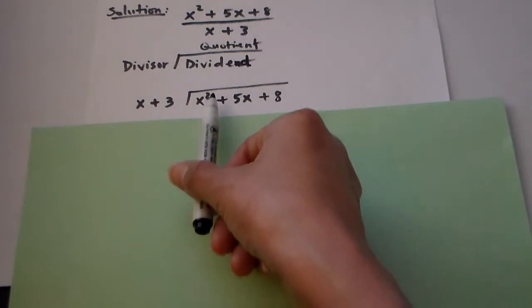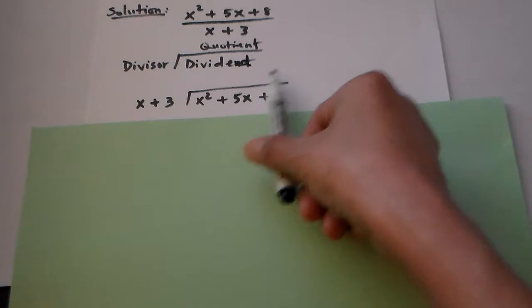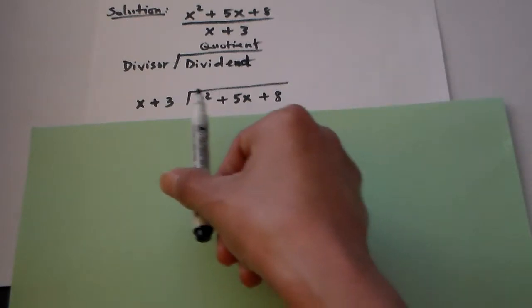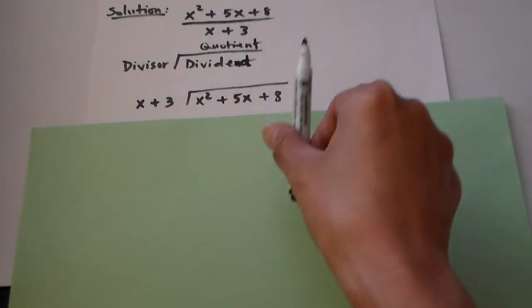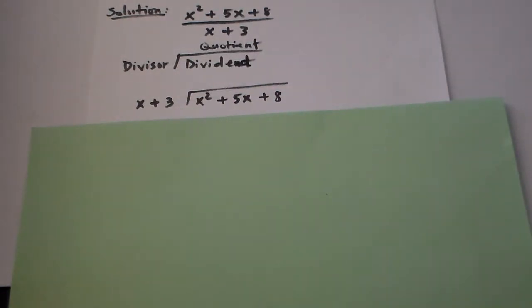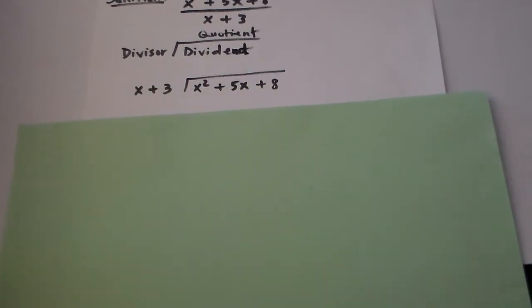So as you see, x squared has power 2, 5x has power 1, 8 constant has power 0. So the powers are arranged in decreasing order 2, 1, 0. That's what we want. So that's the first thing you need to do, make sure the dividend is arranged in descending order.